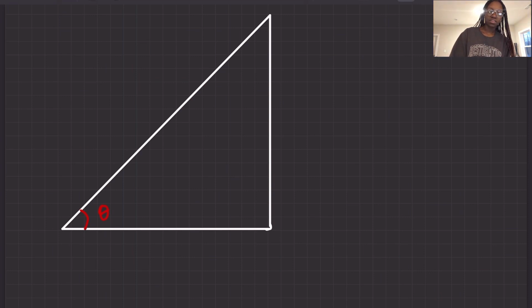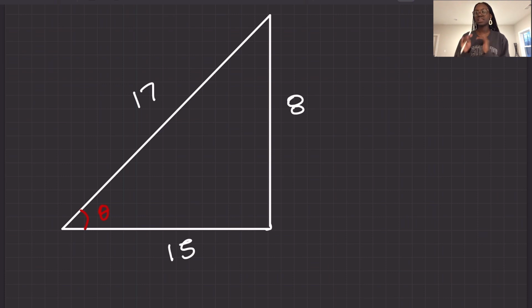And so let's say you have a right triangle with the measures 17, 15, and 8. Now, in my other examples, the measures of the lines I was using did not adhere to the Pythagorean theorem, which is bad of me, but you want to make sure that all your sides follow the rules of the Pythagorean theorem when you do this problem.